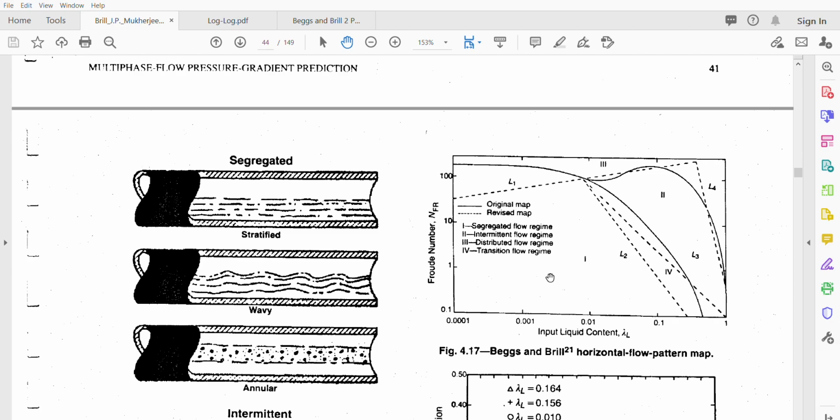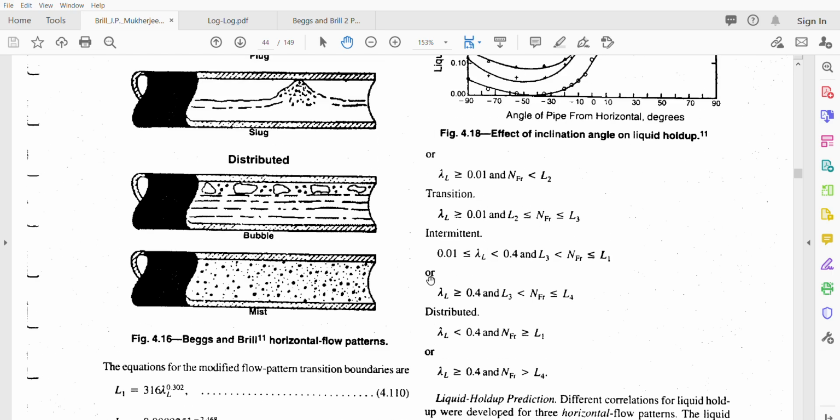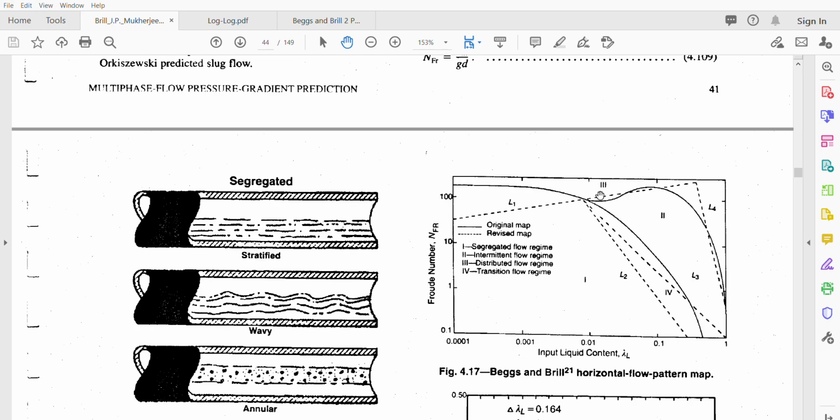And the second one: if lambda L is higher than 0.01, NFR has to be lower than L1. So it has to be larger than 0.01 and lower than this one.